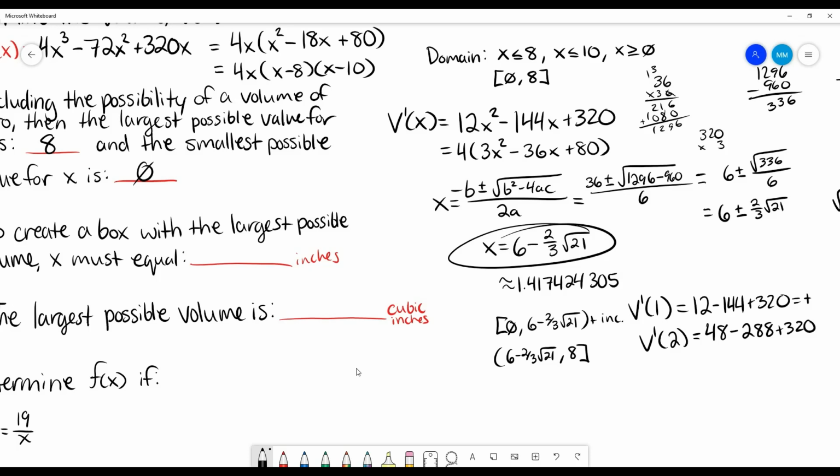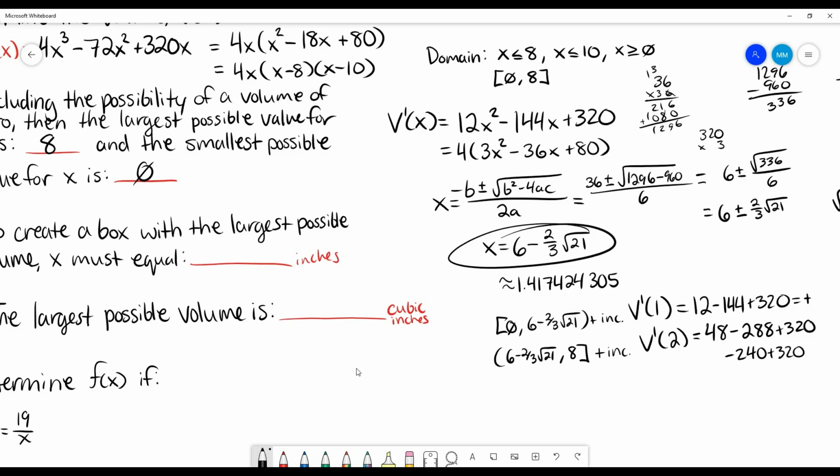I chose 2. 2 squared is 4. 4 times 12 is 48, minus 2 times 144, and that's going to be a negative 240 plus 320. But that's positive and indicates that this is increasing.